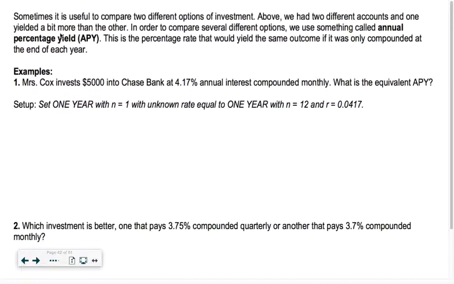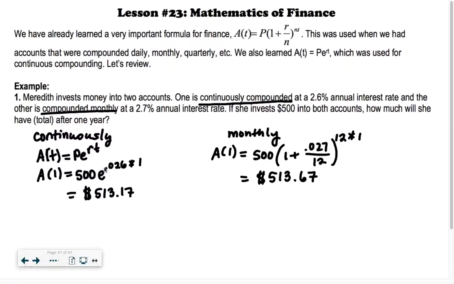In one of those examples we were compounding every single month, and in one we were compounding every millisecond, continuously. But we wanted to know how much we gained at the end of the year. So if I wanted to find the percent that I gained, I could do that. Do you remember how to do that in Algebra 1 when you talked about percent change? You took the amount of change divided by the original.